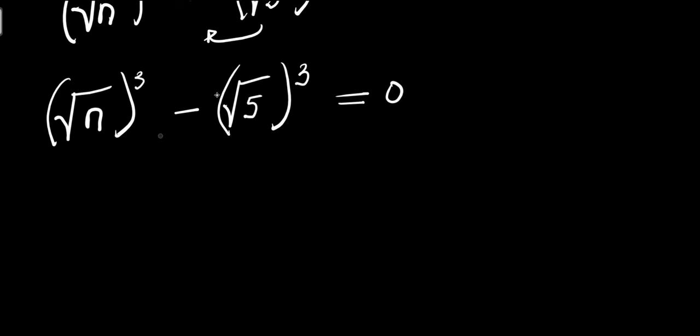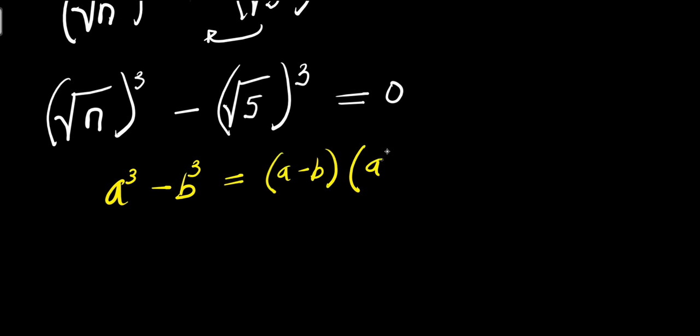So let's solve this using this identity. If you have a to the power 3 minus b to the power 3, this equals a minus b times a squared plus ab plus b to the power 2. This is my a, this is my b.